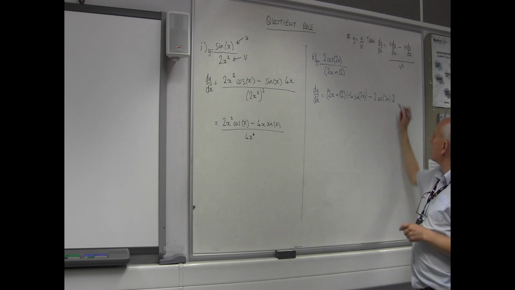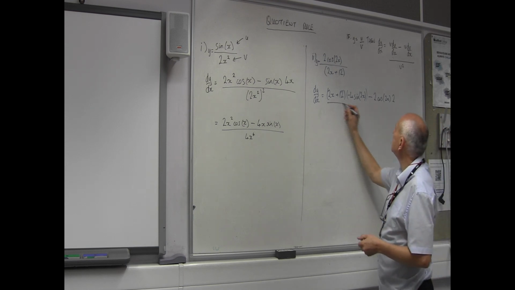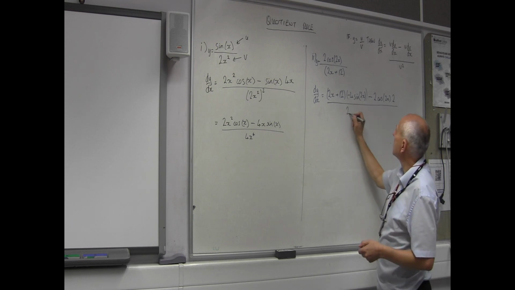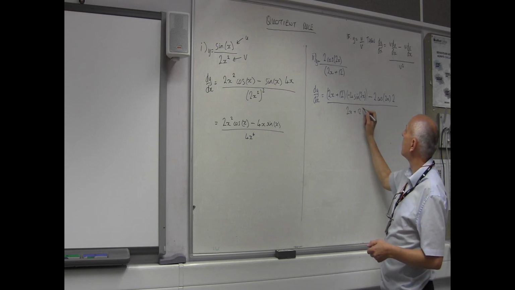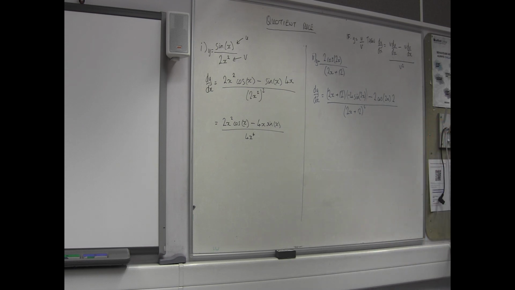If you're confused, put a dot in there. So all over, that's it. 2x plus 12, all squared. And you could multiply out that if you wanted, but I'm not going to bother, because that's not what we're here for today, to find quadratic equations.